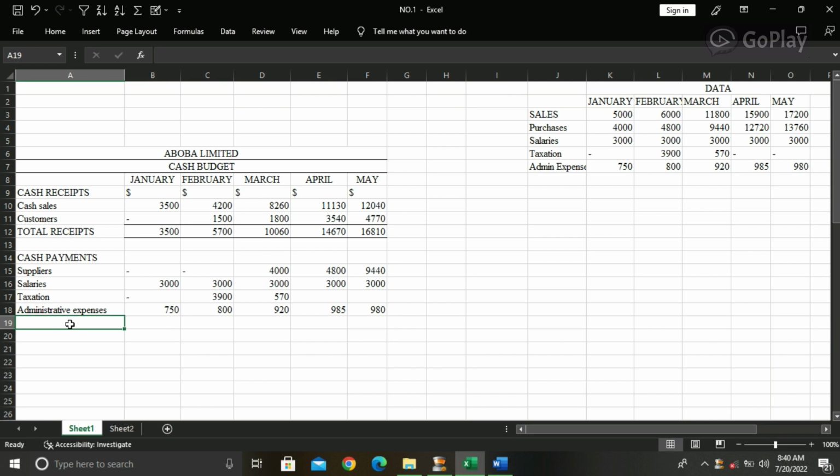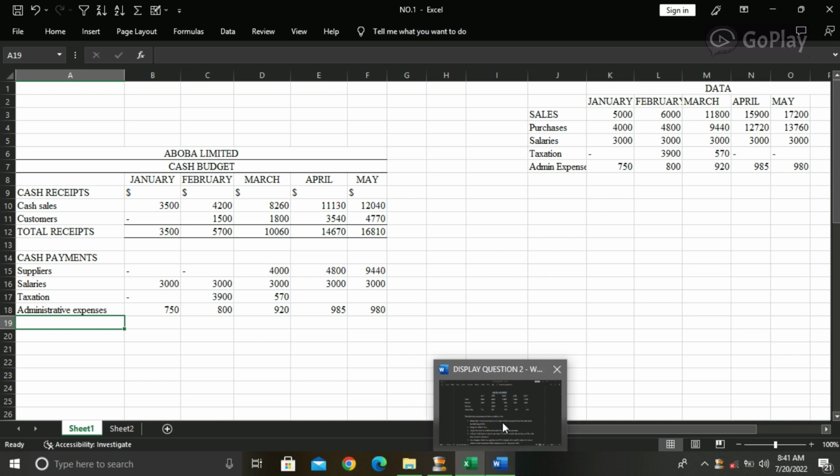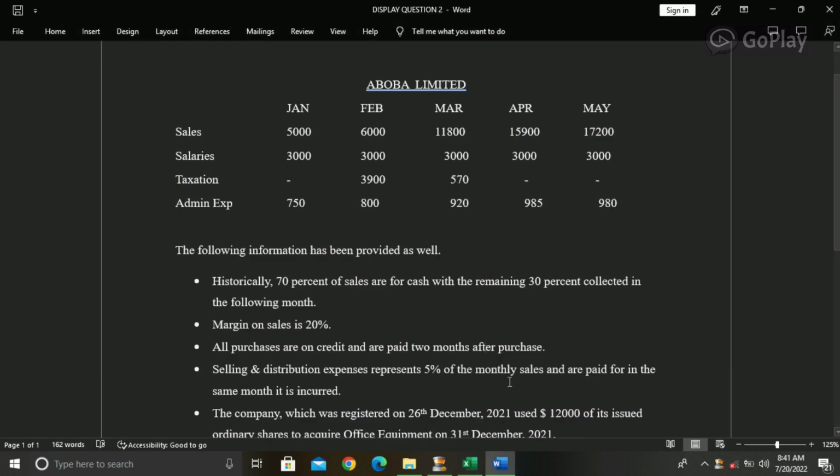Now we have exhausted our data, but let's look at the question and see if there is anything that we need to also include in our cash budget. Now here is the question. Let's continue from bullet number 4.